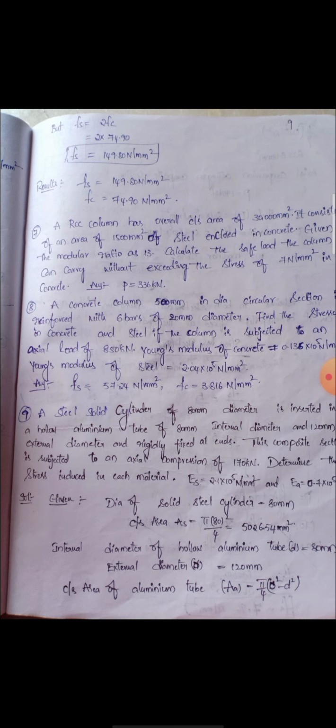So coming to the hollow aluminum tube, the internal diameter small d equals 80 mm, and the external diameter, capital D, equals 120 mm. So the cross sectional area of the aluminum tube, Aa, having external diameter and internal diameter, the area formula is pi by 4 into capital D square minus small d square.